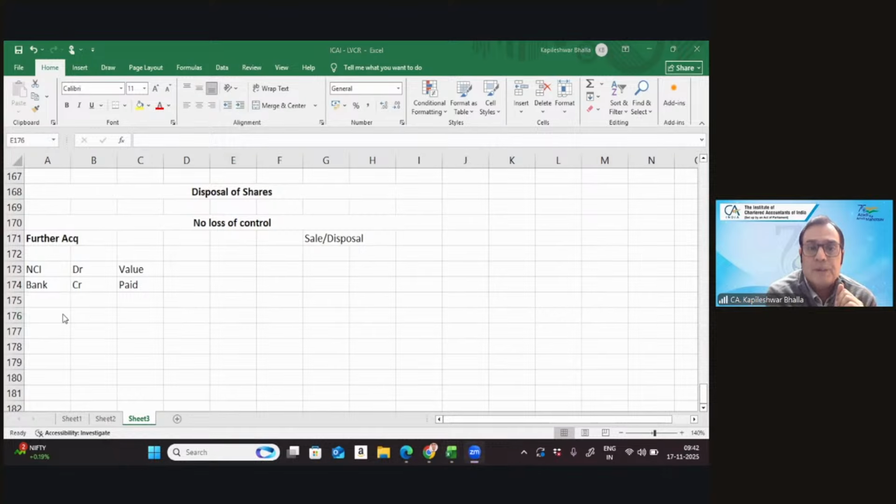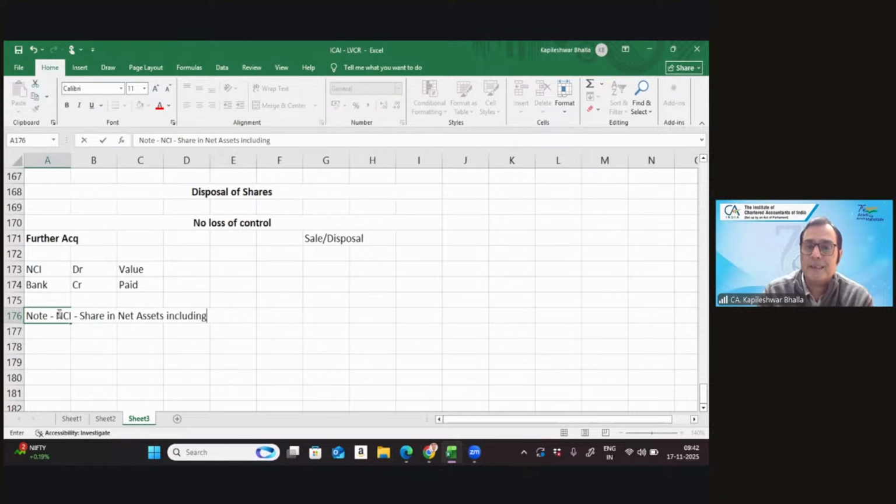Absolutely. So we'll put a note out here, and that is: NCI represents the share in the net assets. It is going to be including goodwill if NCI is at fair value, and it is going to be excluding goodwill if NCI is at PASNA.